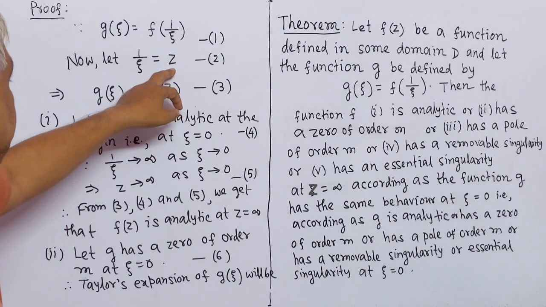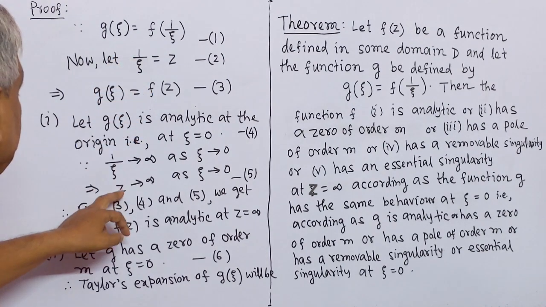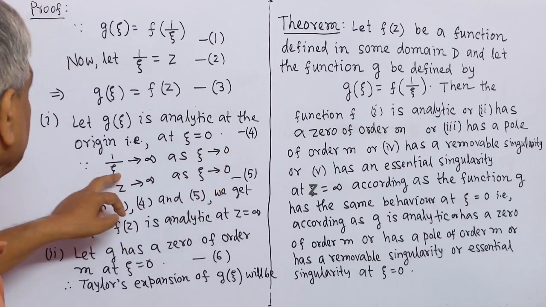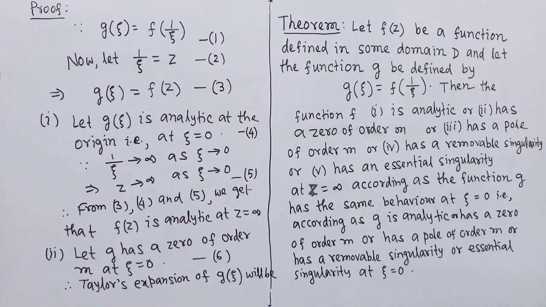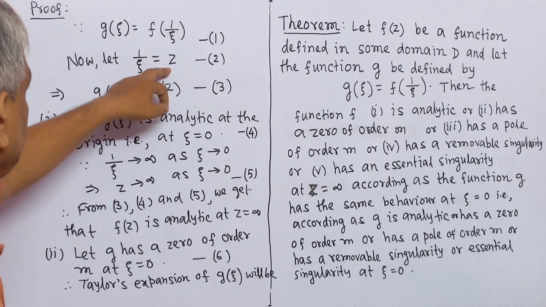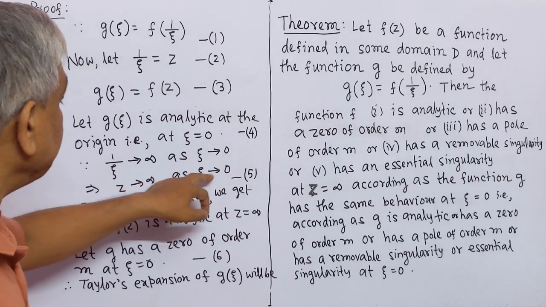Since z equal to 1/ξ, here 1/ξ tends to infinity as ξ tends to 0. If ξ is 0, then 1/ξ tends to infinity, and 1/ξ is z. That is, z tends to infinity as ξ tends to 0.